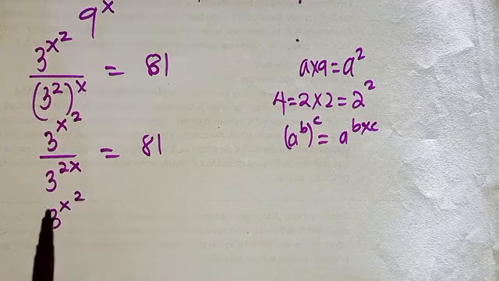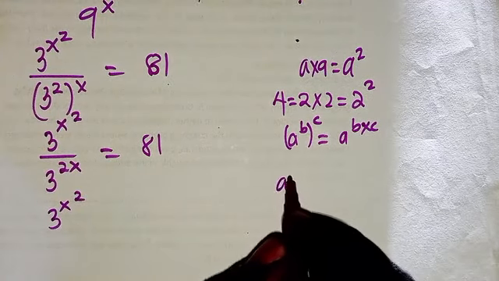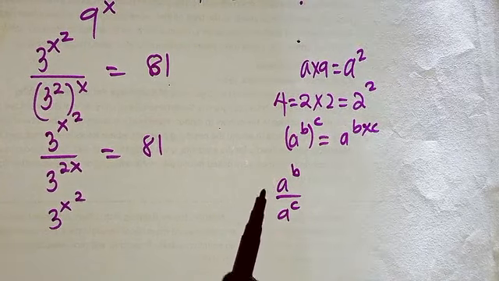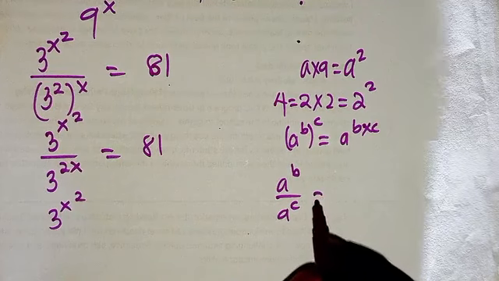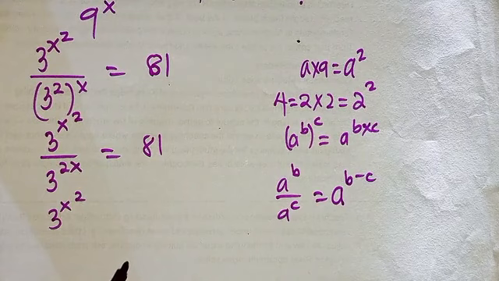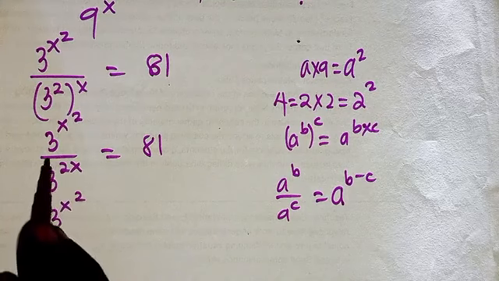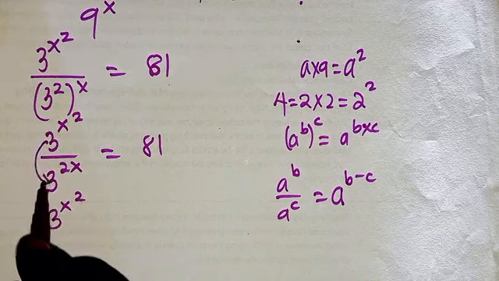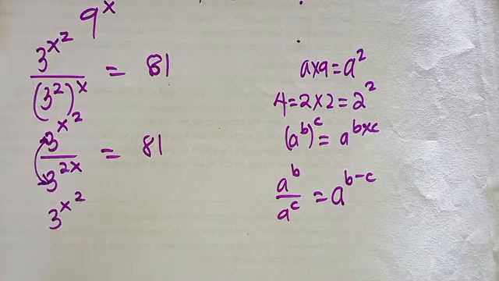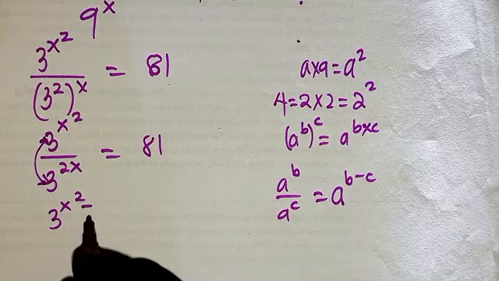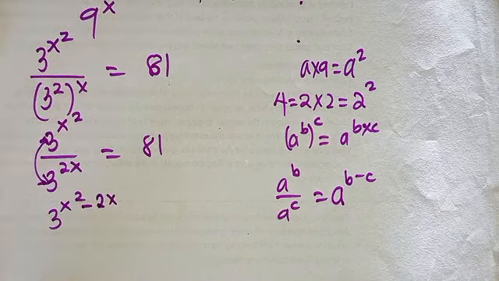Now when you have a to power b over a to power c, and they have the same base, this can be written as a to power b minus c. That is the division law of indices. So we have 3 and 3, the same base, which means we pick one base, then subtract the power of the lower one from the upper one.